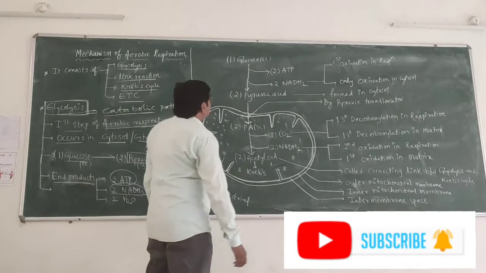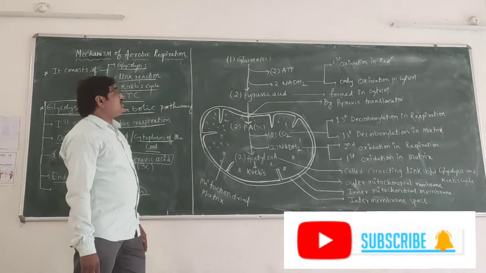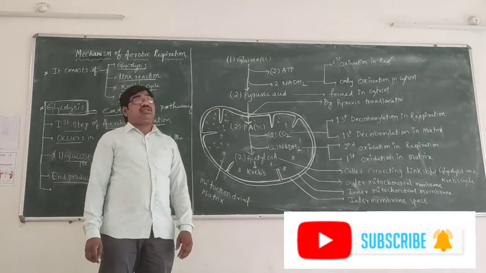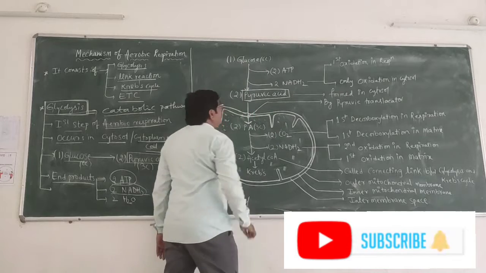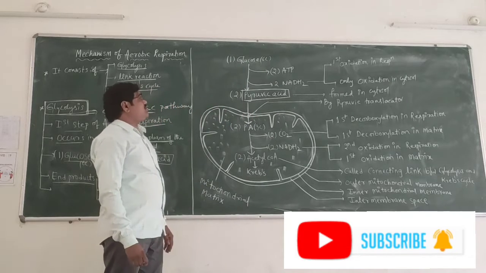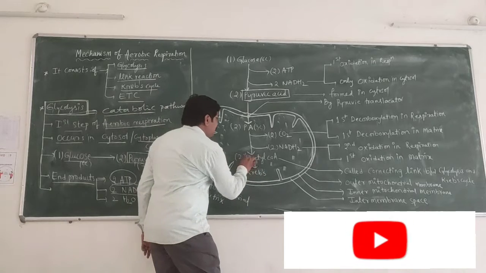After glycolysis is completed, the two molecules of pyruvic acid undergo oxidation and form two molecules of acetyl-CoA.